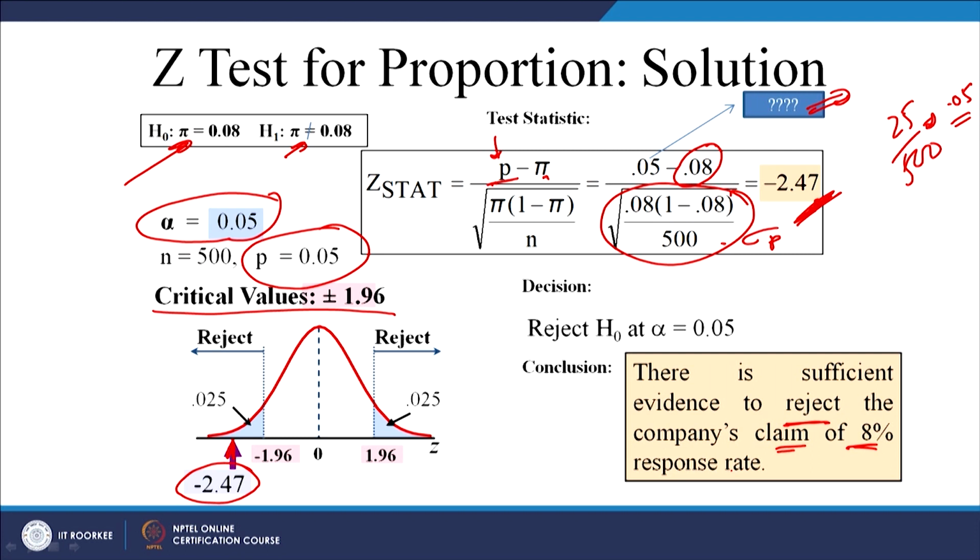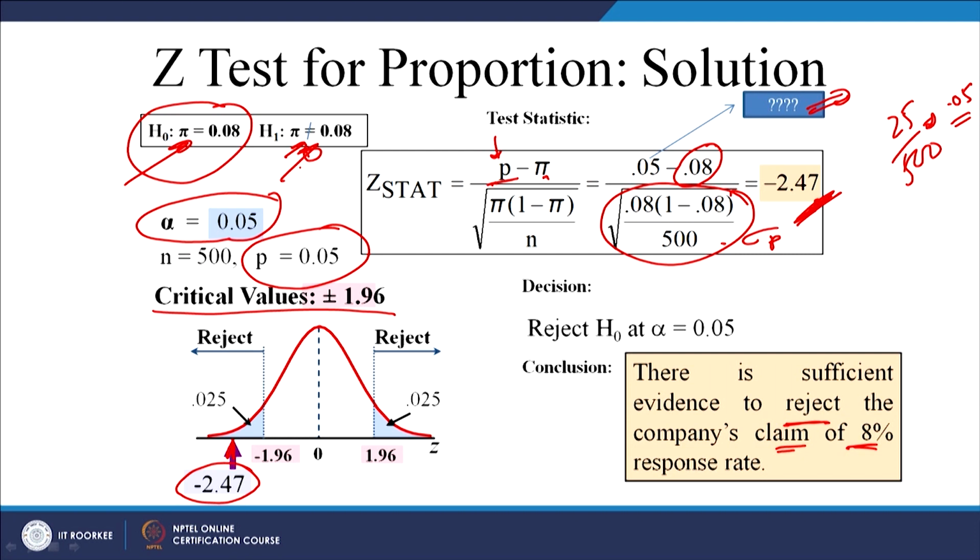So, we will say that the response rate is not 8%, right. In other words, we have rejected the null hypothesis and we have accepted the alternative hypothesis, right. It means the response rate is less than or more than 8%, right.